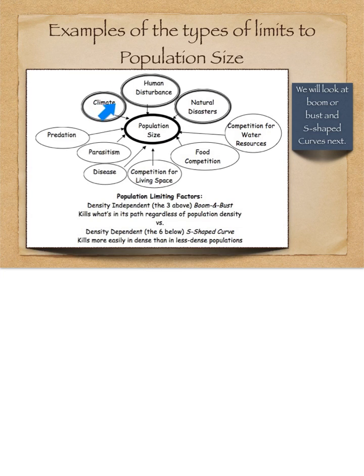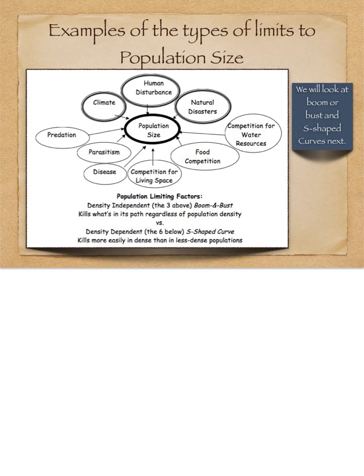Climate is, again, not dependent on how many individuals you have in that population. So these three are going to influence or limit the population size, and it won't matter what the population size is. They're going to be able to change that population size.